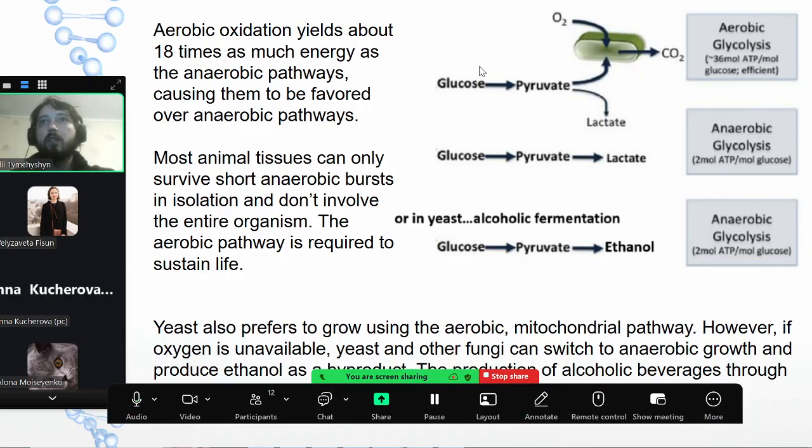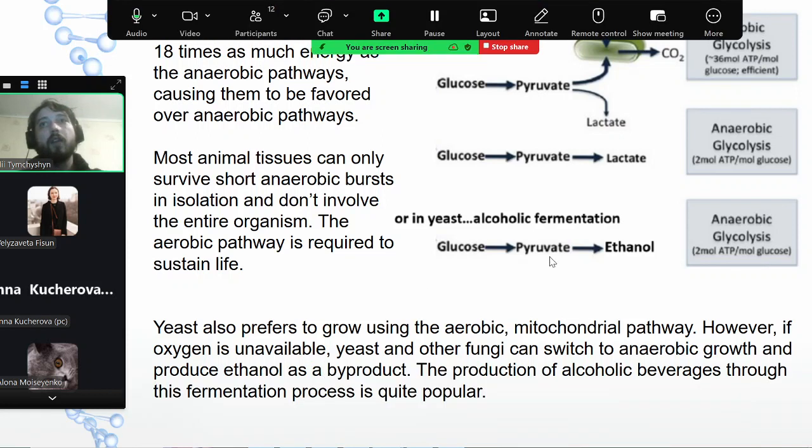We will consider, I hope, today aerobic oxidation and anaerobic oxidation. You might have been thinking that anaerobic oxidation is something exclusive to some bacteria and archaea, and today I will show you it's not. We are doing that as well, especially during exercise. And yeast can also do aerobic or anaerobic oxidation. When oxygen is unavailable, yeast and some other fungi can switch to anaerobic growth and produce ethanol as a byproduct.